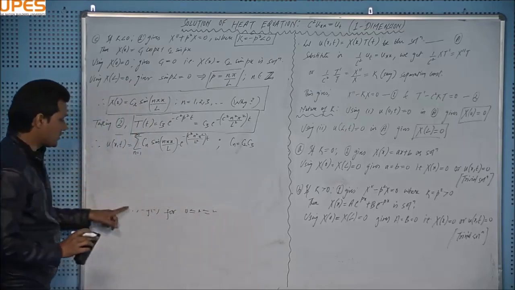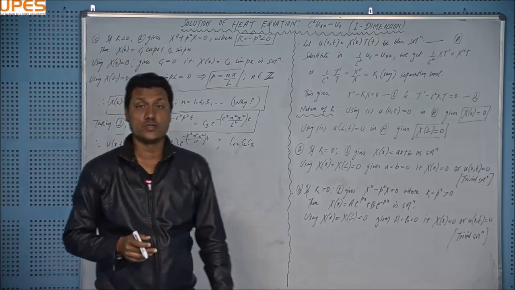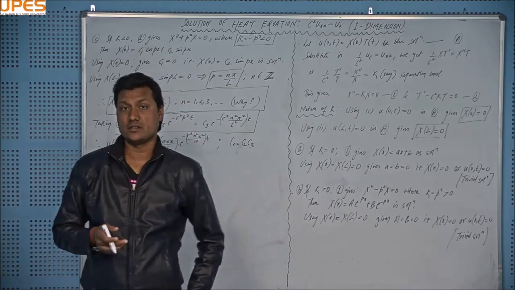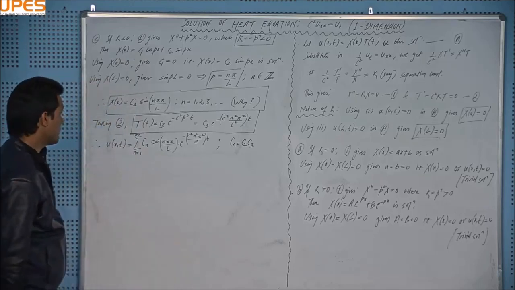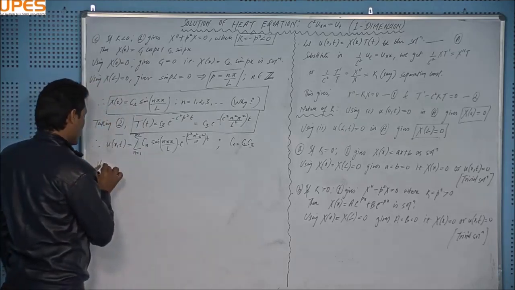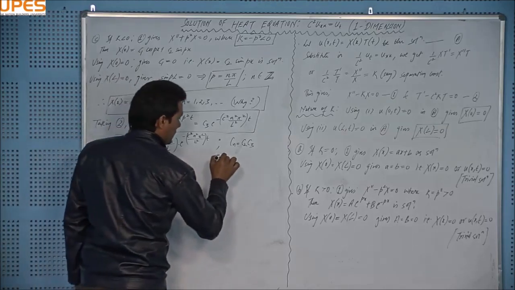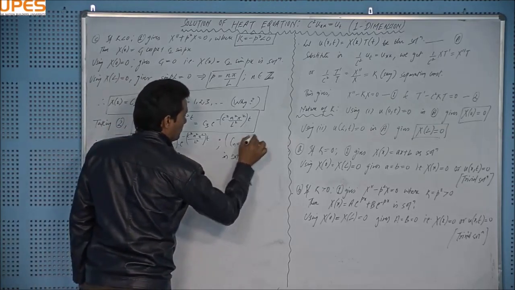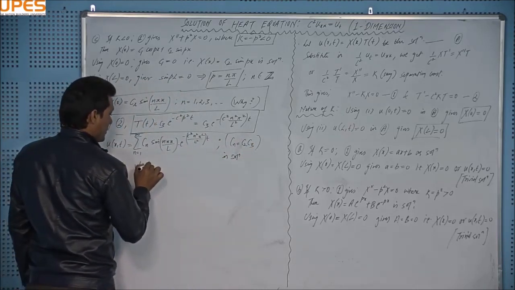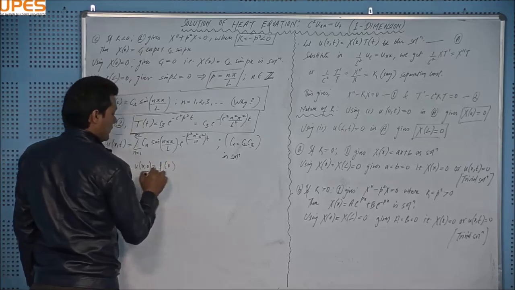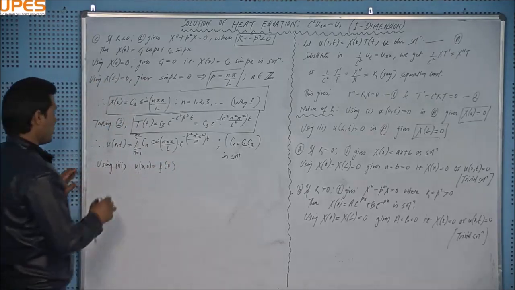And now you can apply this third condition. If you remember the third condition, that is u(x,0) is equal to f(x), the condition for the initial temperature distribution over the rod. Using the third condition, that was u(x,0) equal to f(x), you can use this condition here.